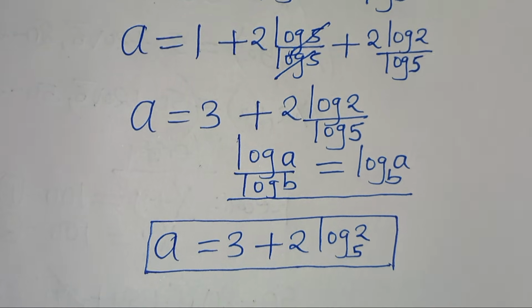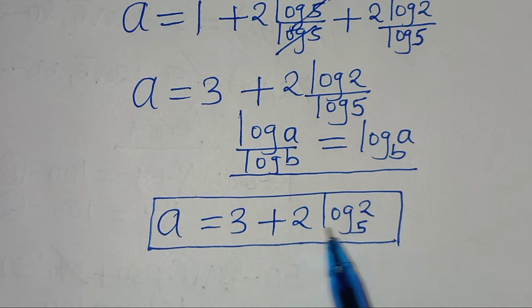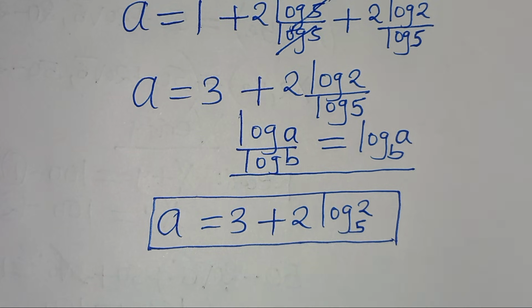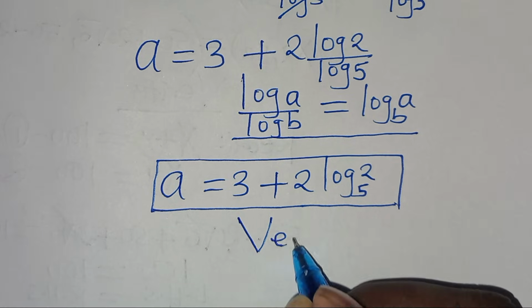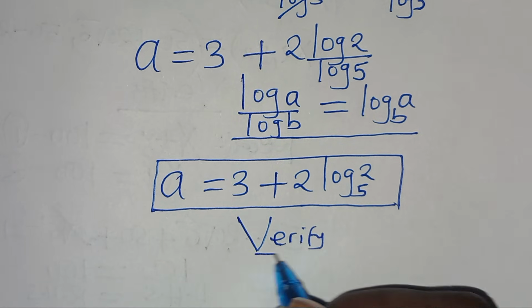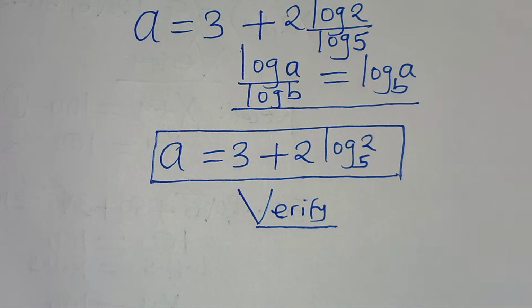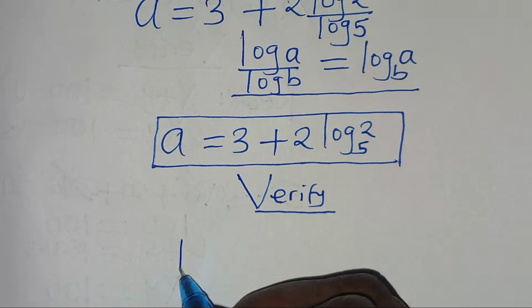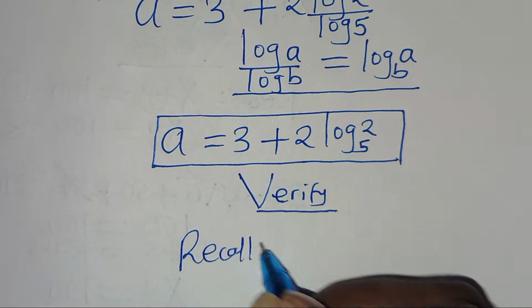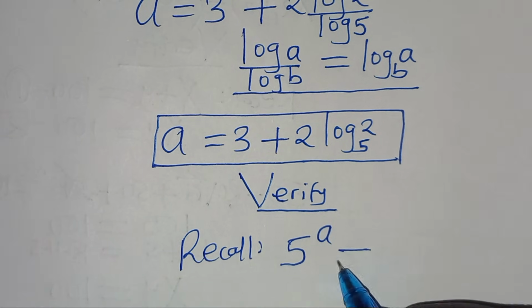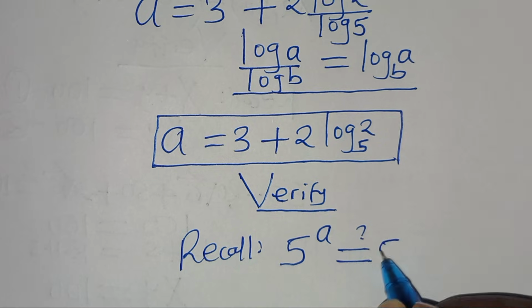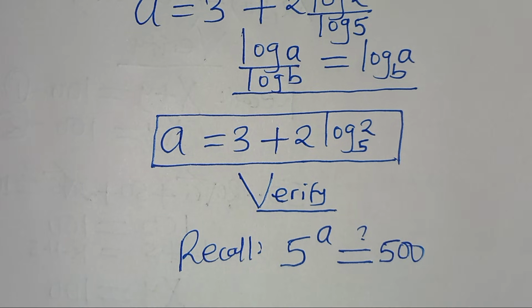The next step is to verify that this value of a satisfies the equation. So now let's verify from here. If you recall, we have that 5 to the power of a should give us a value of 500.